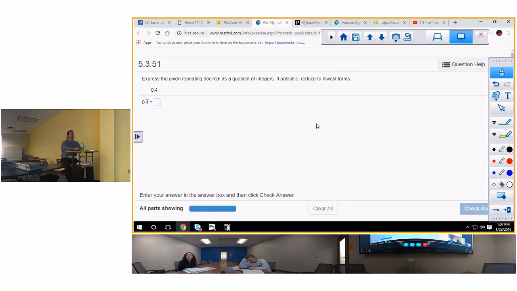Well, let's see. Multiply by 10 on both sides. So you're going to get 4.4 repeating. So that's going to be 10 minus 1 is 9, 9x is equal to 4. Divide by 9 on both sides, you get 4/9.